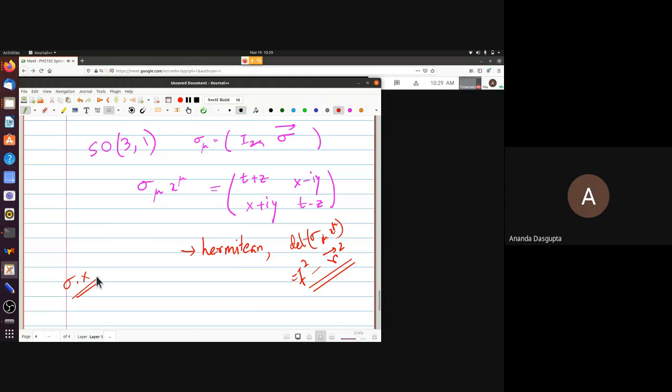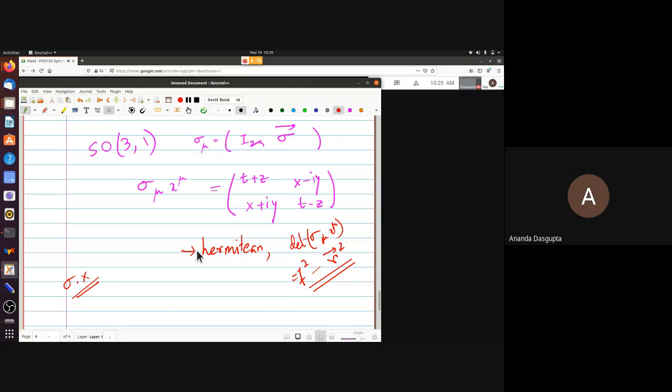So if I do a similar transformation on this, and of course I should really do a unitary transformation on this, not just a similar transformation, because I want to keep it Hermitian, then I will end up with a Hermitian matrix which has the same determinant.